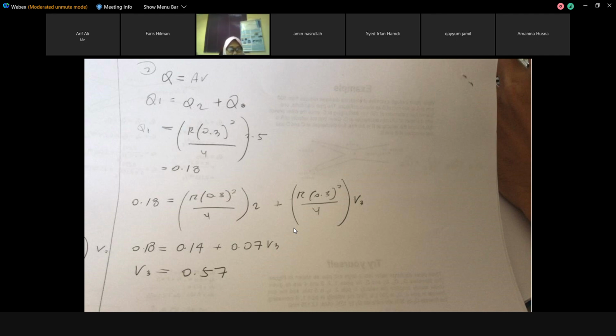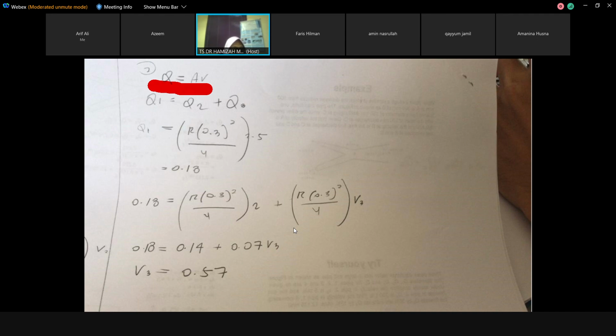So Q equals to AV. Can you see the question ni? Nampak kan? Nampak, doktor. Okay. So Q equals to AV. Q1 equals to Q2 plus Q3.